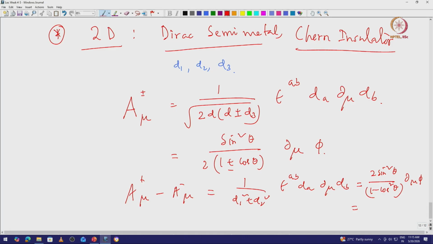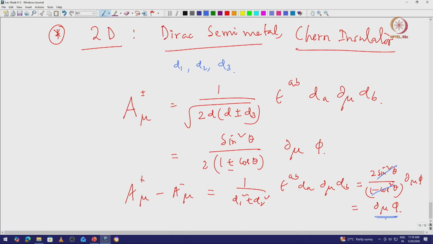which will just be equal to, so you can cancel it, and what we will have is phi. These two terms will cancel, 1 minus cos square theta and sin theta. So, this is that. So, now you see this term is only looking at the winding through the equator.